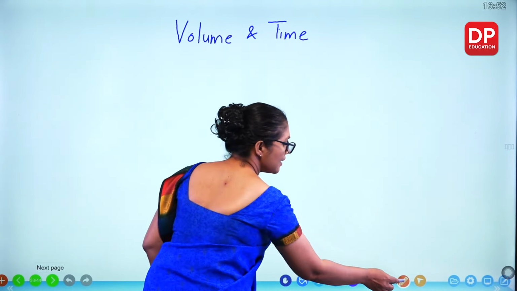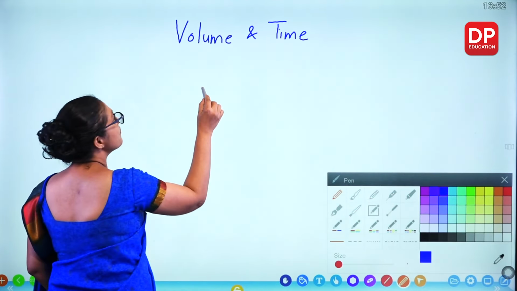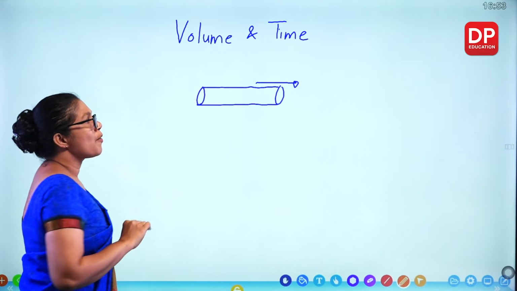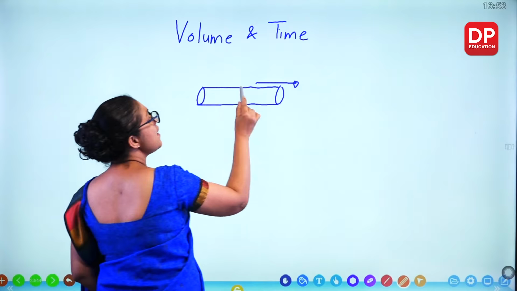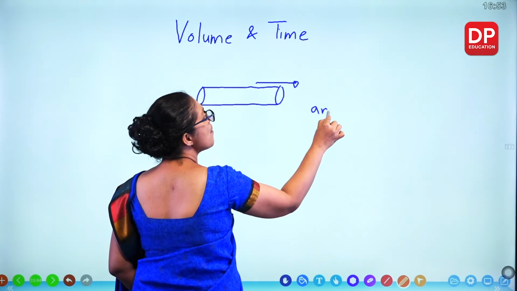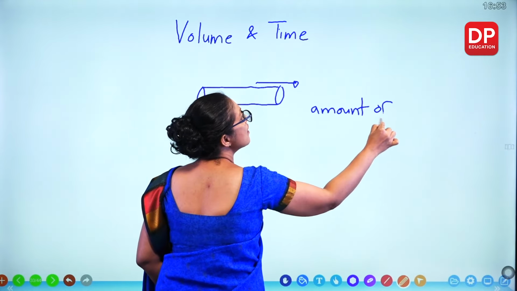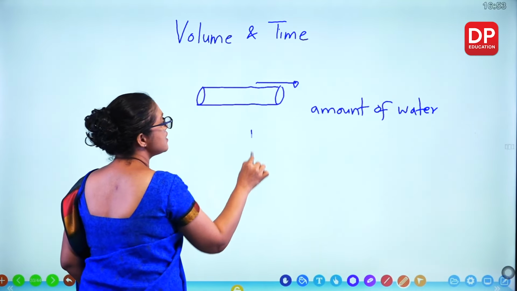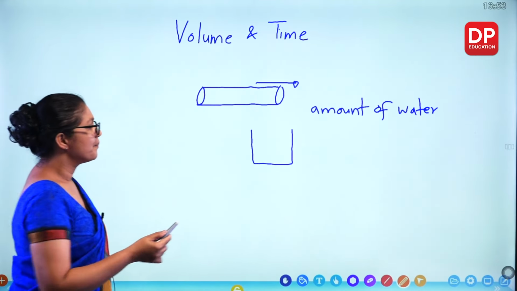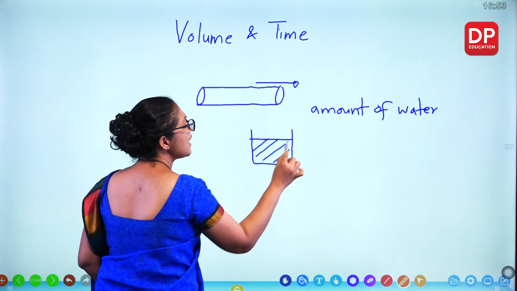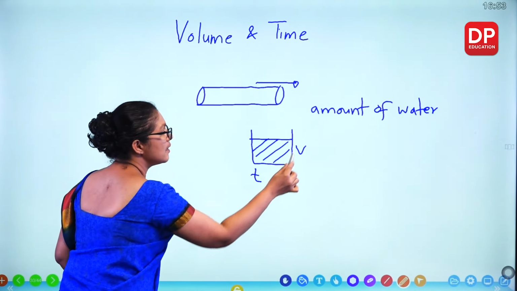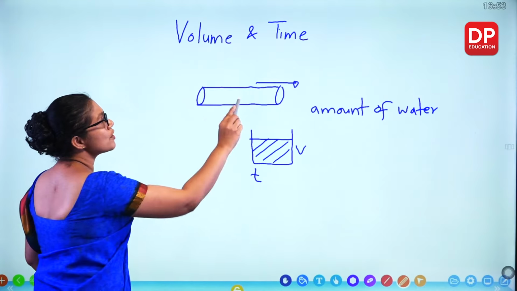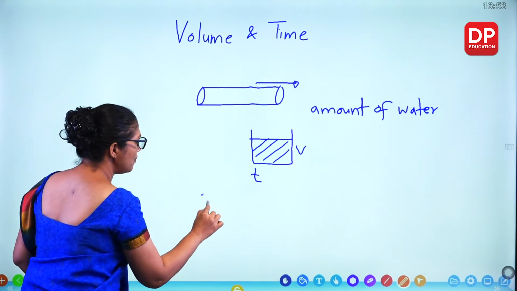Now we'll take a certain pipe and water flows from this pipe, and if we can measure the amount of water that comes from this pipe within a certain time, we can find out the rate of volume for this water flow. So what is rate of volume?